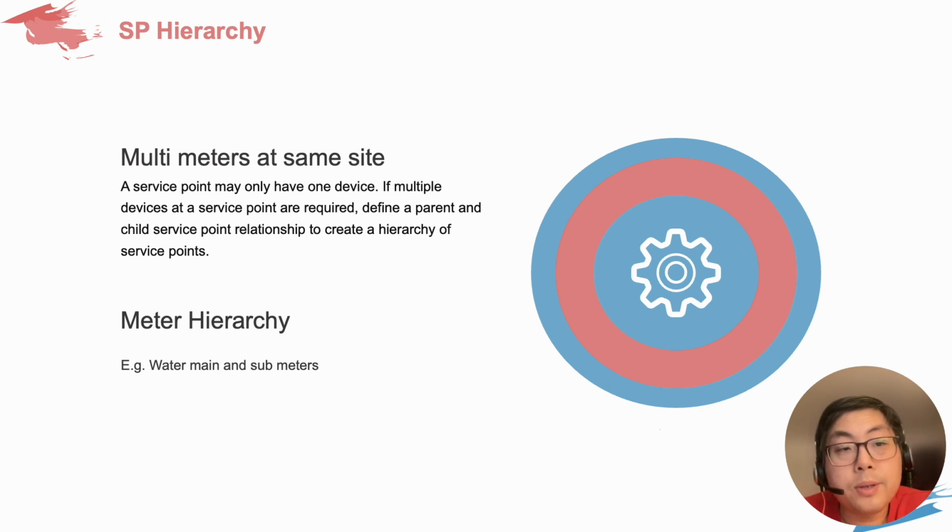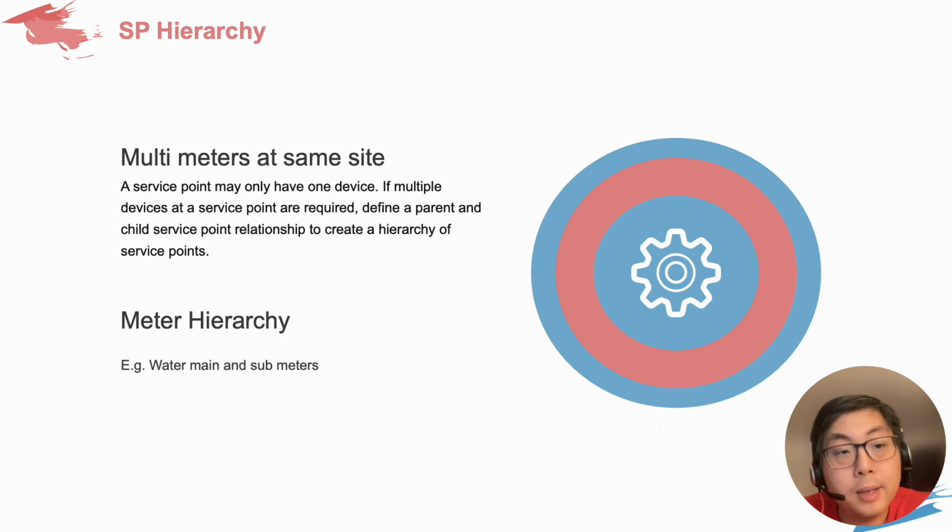And also the second scenario I can think about is for a meter hierarchy. So for example, in the water business, you will have the main meter and sub meters. The main meter is actually an aggregated meter for the sub meters.